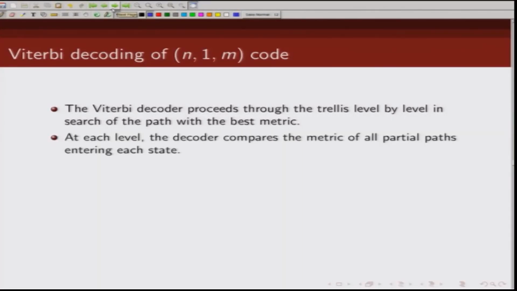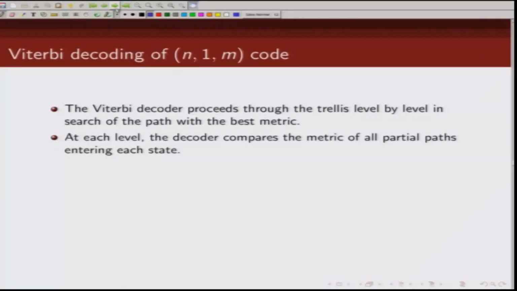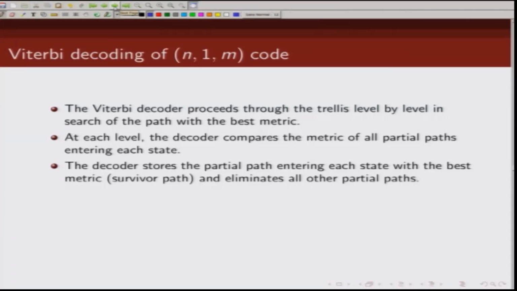So, at each level the decoder is going to compute and compare the metrics of all partial paths entering that particular state, and it is going to choose the one which has the best partial path metric at that particular time instance. So, the decoder stores the partial path entering each state with the best metric.